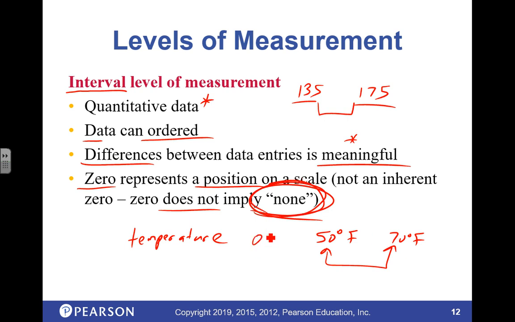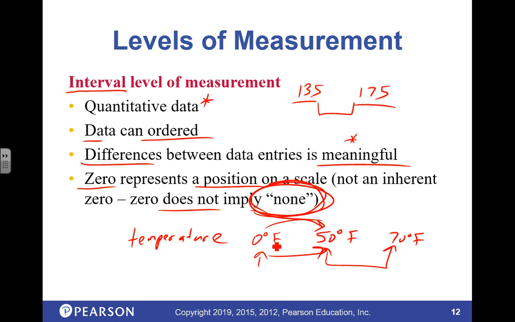But if we look at 0 degrees Fahrenheit, this doesn't mean that we have no temperature. It doesn't mean that there is no heat in the atmosphere or in the environment. It simply is a comparison, comparing it to other temperatures. This temperature is 50 degrees less than 50 degrees Fahrenheit.